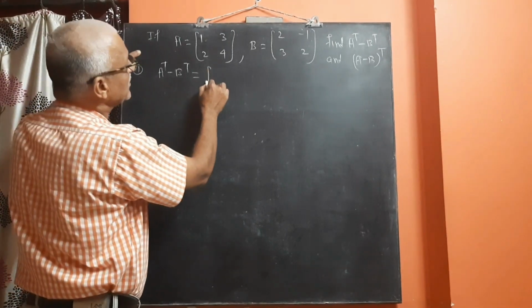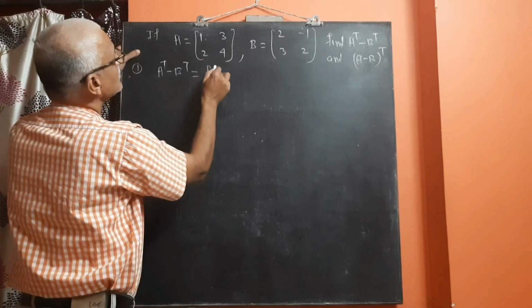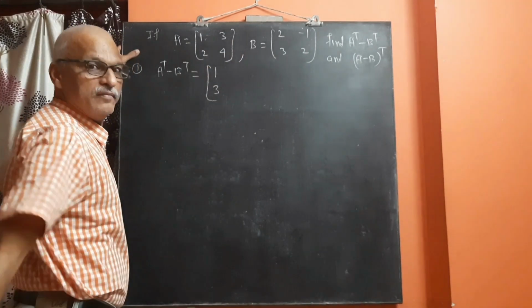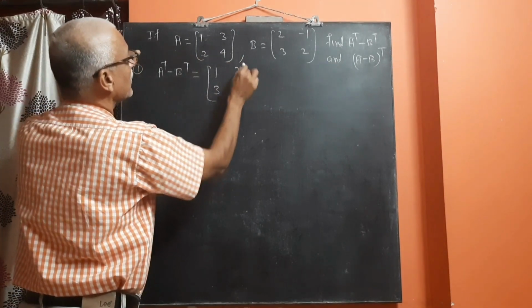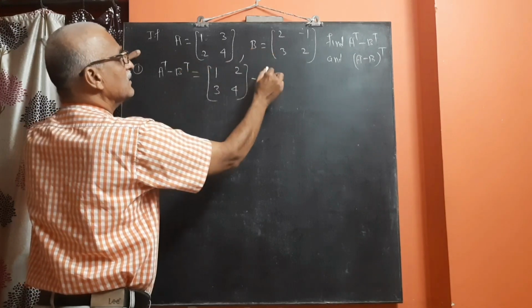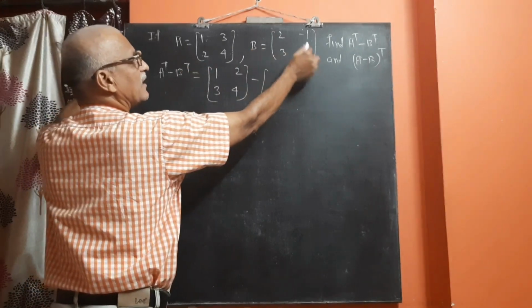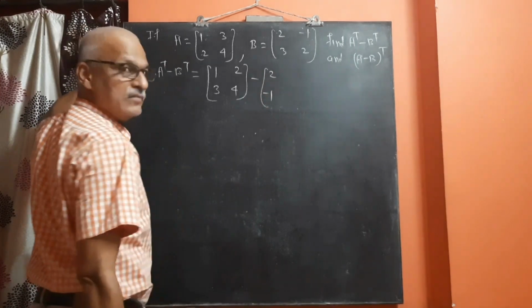Transpose of A means the interchange of rows into columns. The first row will become the first column, that is 1, 3. The second row will become the second column, so that is 2, 4, minus transpose of B. So what will be its transpose? The first row will come in the first column, 2, minus 1.